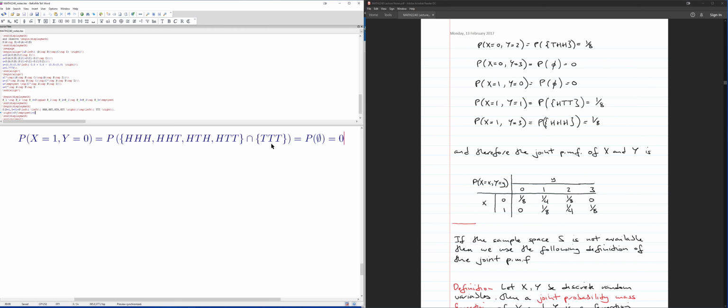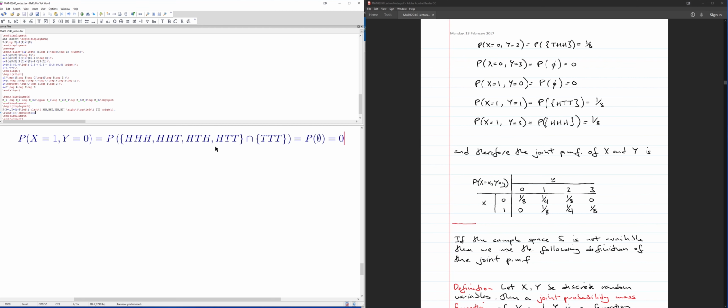Now, what you want to notice is that the intersection of these events is empty. They have nothing in common. So if you want to look at it practically, this over here is saying that you need a head on the first outcome, and this y is equal to 0 is saying that you have no heads whatsoever. So there's no way that you're going to have any outcomes that satisfy both of those conditions simultaneously, because this means at least one head over here, and this means no heads whatsoever.